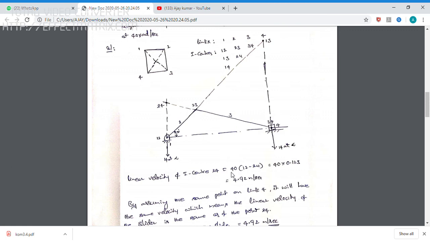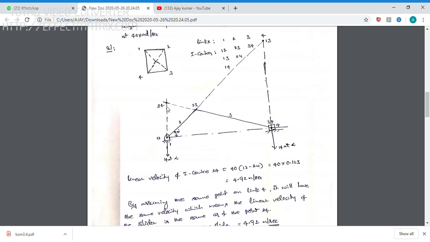Now first of all we will calculate the velocity with respect to this particular one. Relative velocity V24 is equal to the angular velocity of the second link, omega 2, into the distance between 2,4 and 1,2.